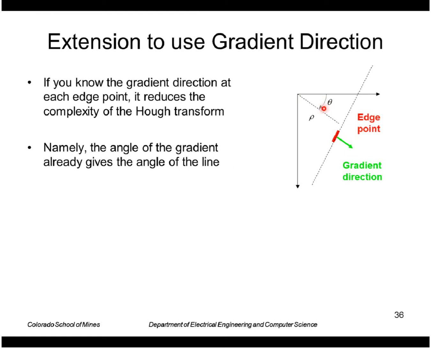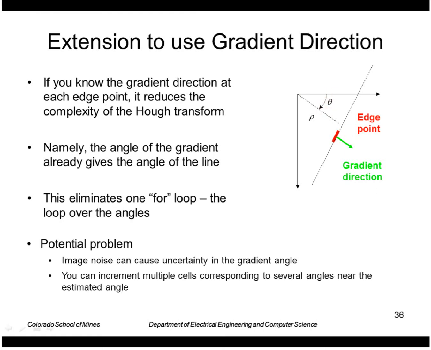So basically that determines this angle theta here. So in other words, we don't need to loop over angles because we already know the angle given an edge point. So that saves one for loop, which greatly speeds things up.